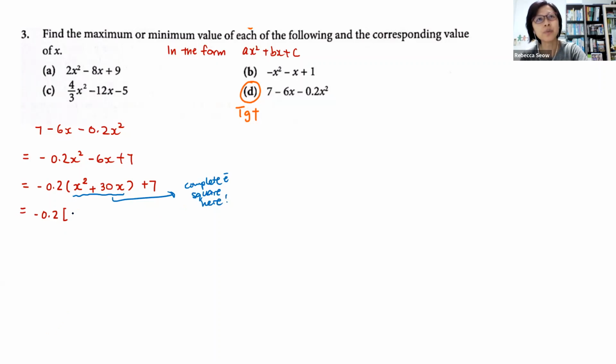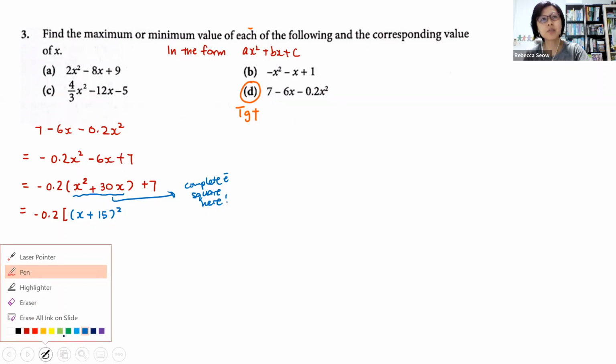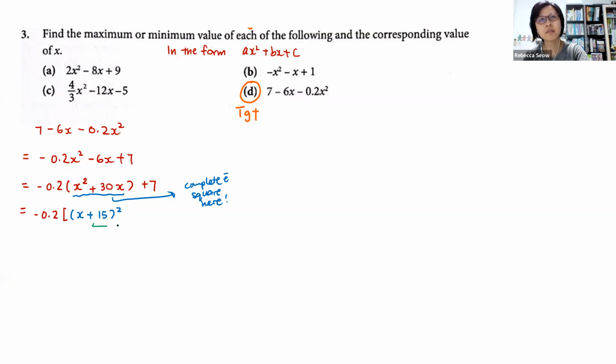Okay, so what's next is x squared. We drop the square, becomes x. Second term, we halve the 30, drop the x square. Now, by doing this, what we have done is we would have created a plus b whole thing square. Okay, now a plus b whole thing square, we expand it out into this.